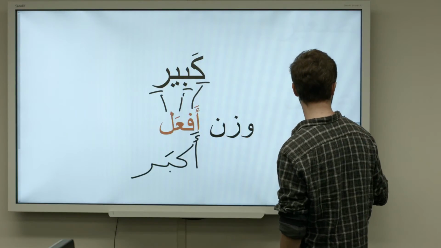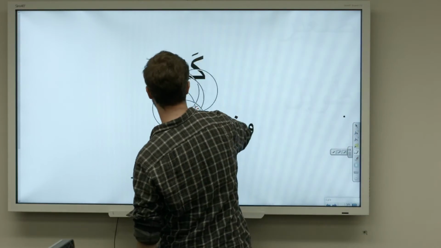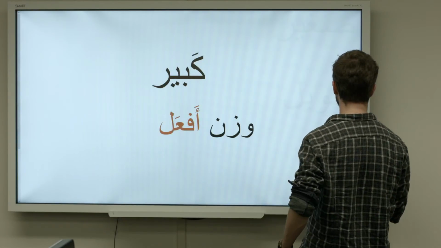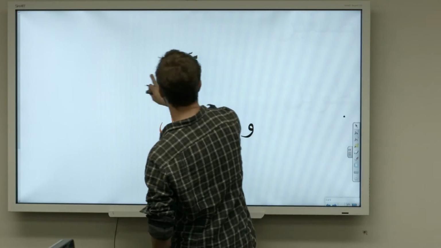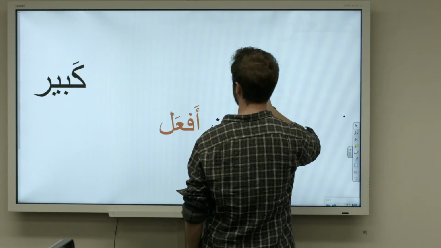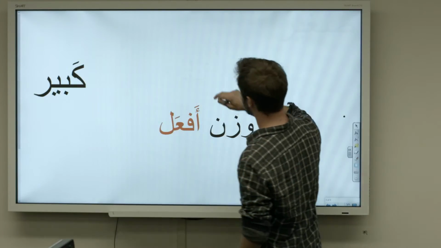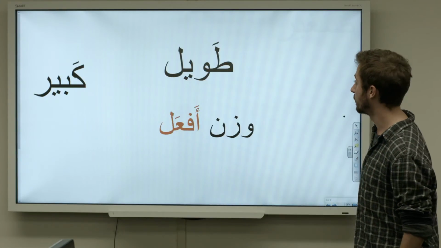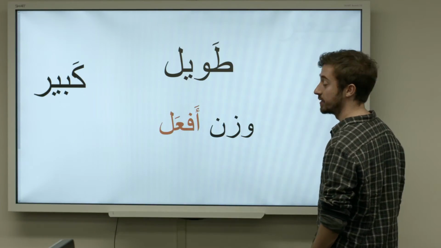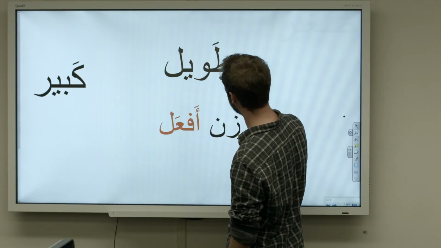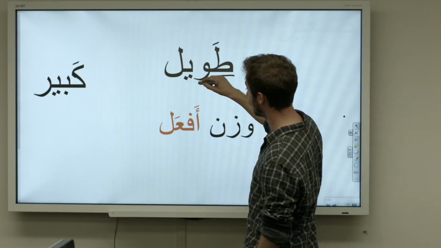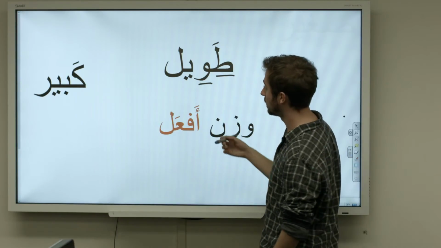Let's try one more. One adjective we didn't use yet, and that is tawil. Now, you might know this one already. This just means tall, right? So let's do the same thing. We extract the root, so first is the ta, and then after that, the waw, and then the lam.